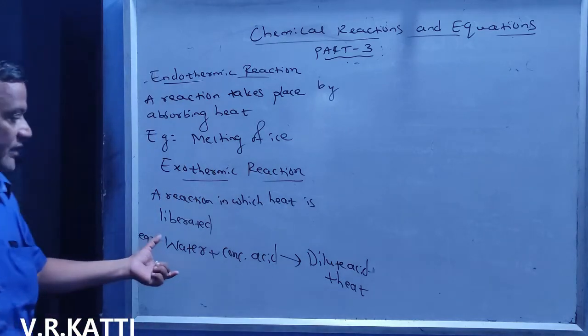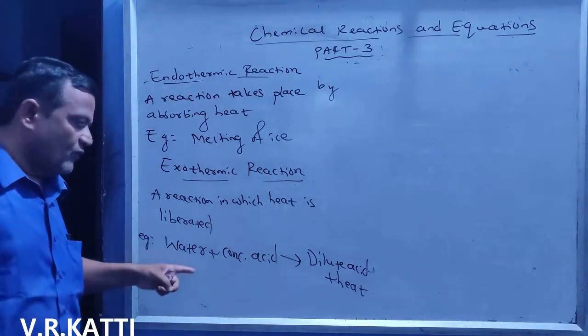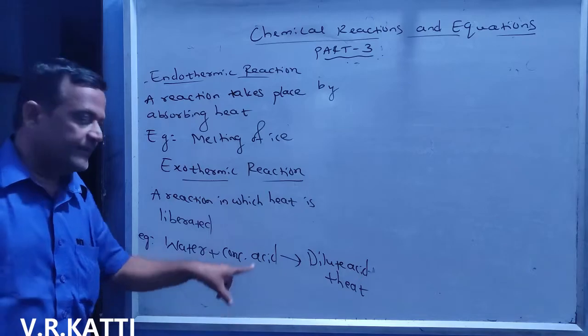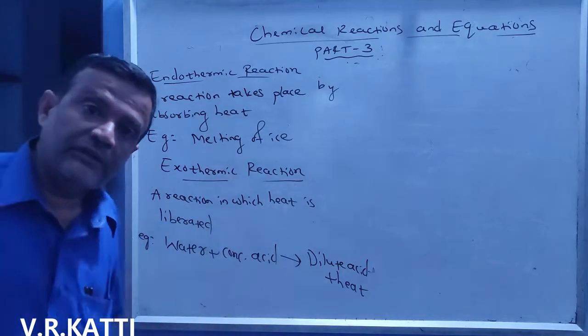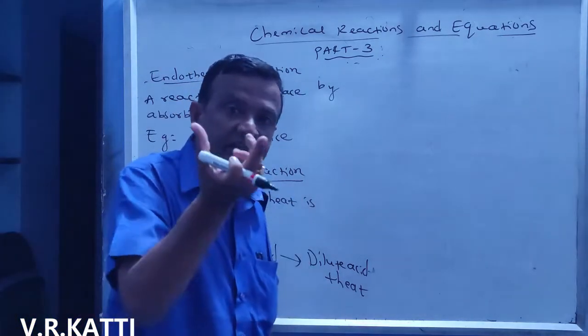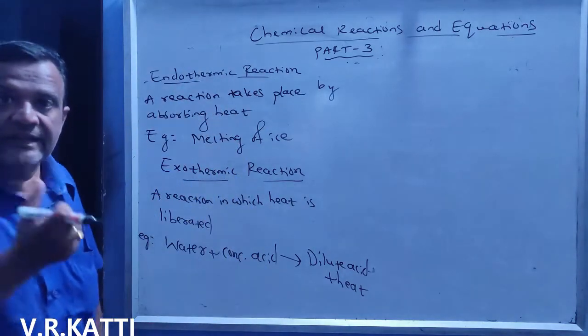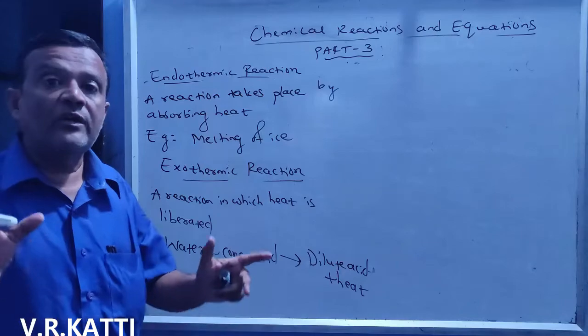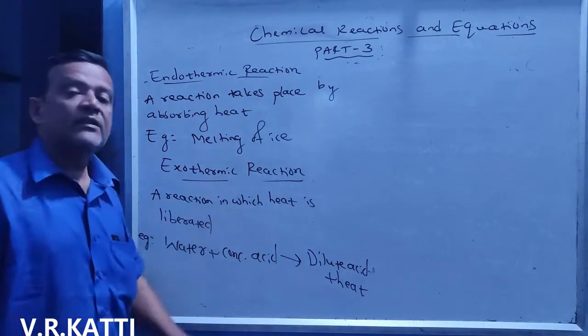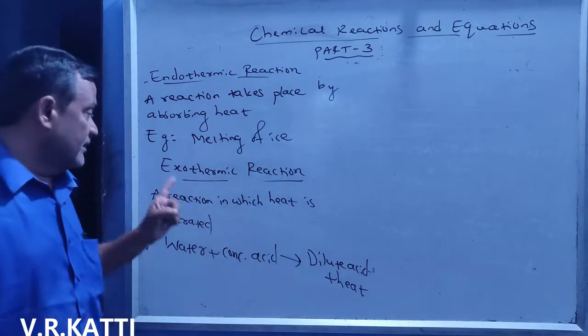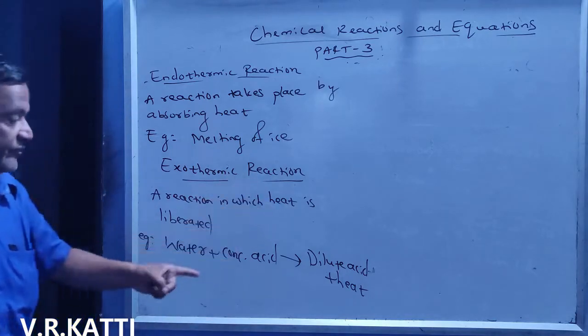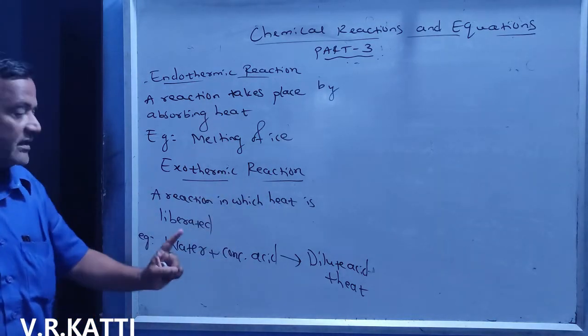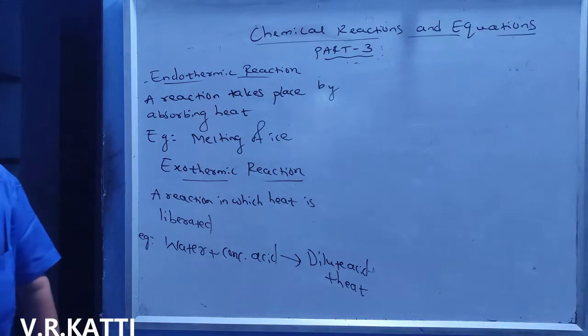So add water slowly to the concentrated acid, and the acid becomes dilute. If you touch the surface of the beaker, we feel hot. So that is an exothermic reaction. A reaction in which heat is liberated is called an exothermic reaction.